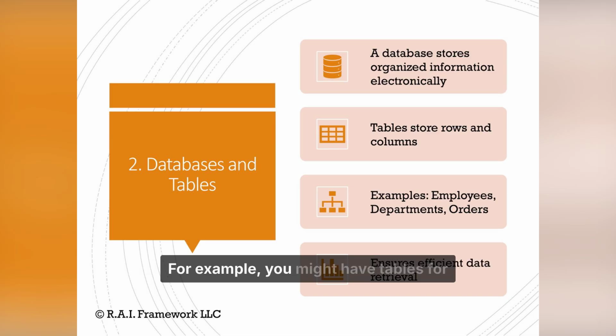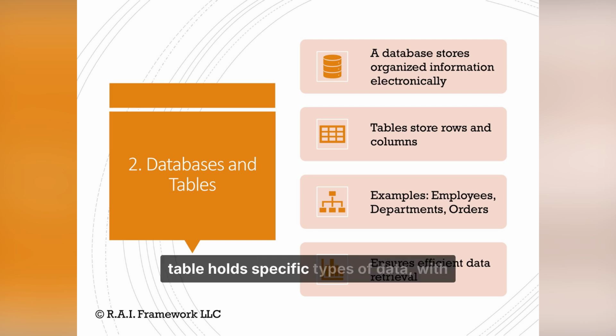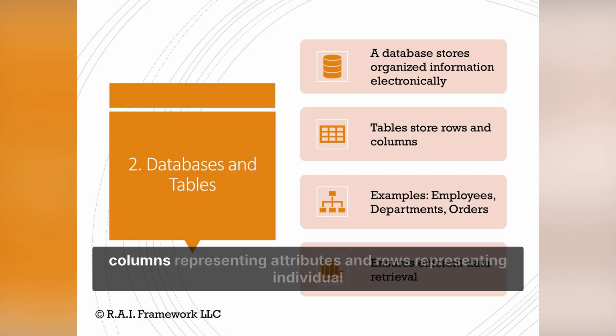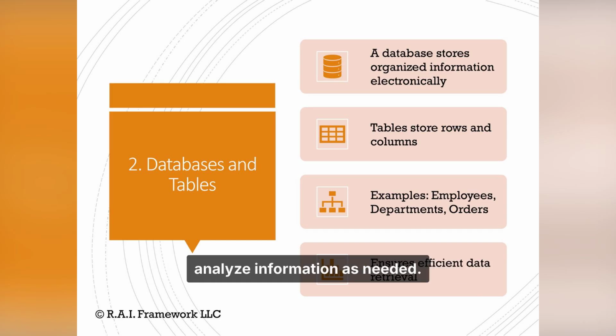For example, you might have tables for employees, departments, or orders. Each table holds specific types of data, with columns representing attributes and rows representing individual records. This structured organization is vital for efficient data retrieval, allowing us to quickly access and analyze information as needed.